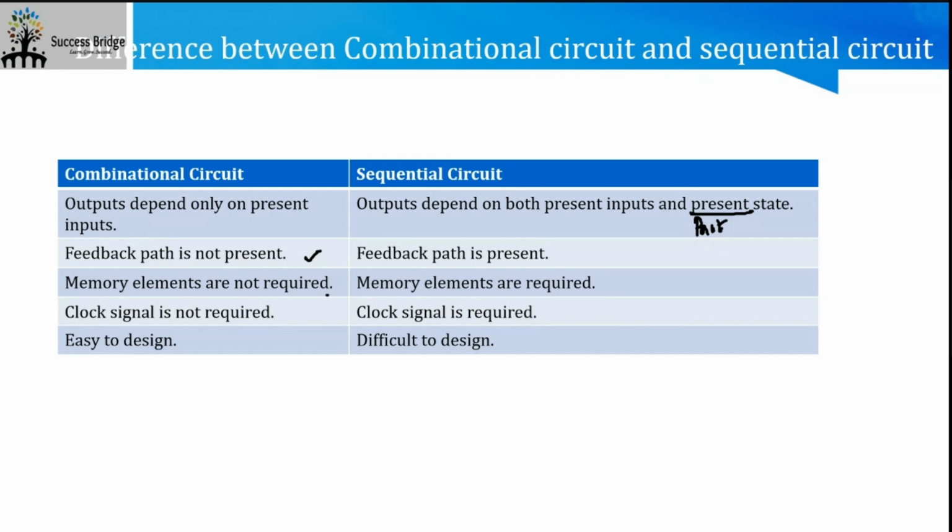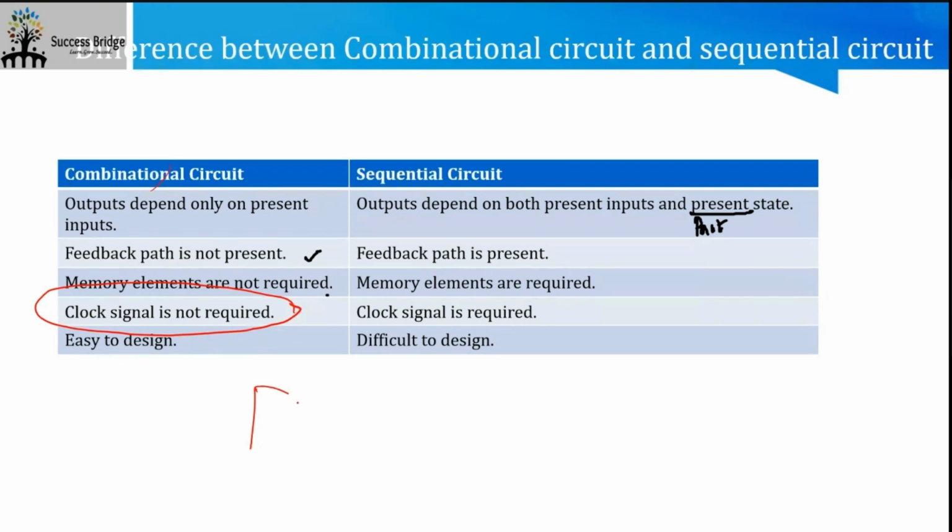A feedback path is not present in a combinational circuit. Sequential circuits have feedback paths. Memory elements are not required for a combinational circuit. In sequential circuits, memory elements are required. A clock signal is not required for a combinational circuit. Exactly, remember this point. You do not need any clock signal to drive the combinational circuit.